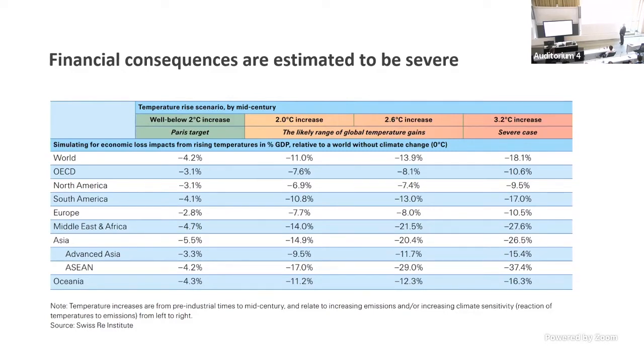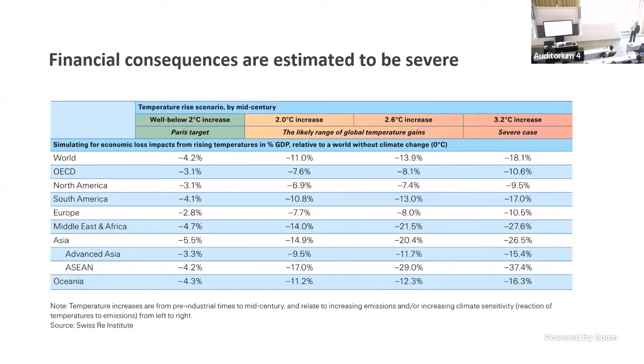What makes this a bit worse also is that it's not evenly distributed, as you can see here. Those of us who live in so-called very developed areas of the world, so North America, Europe, we have the lowest effects on GDP of this increase.